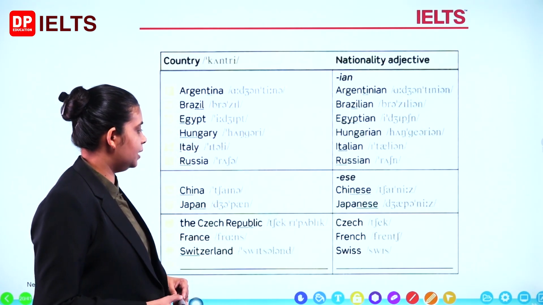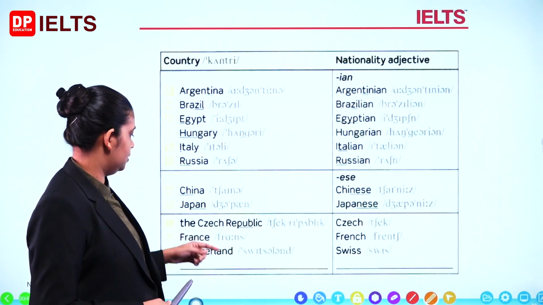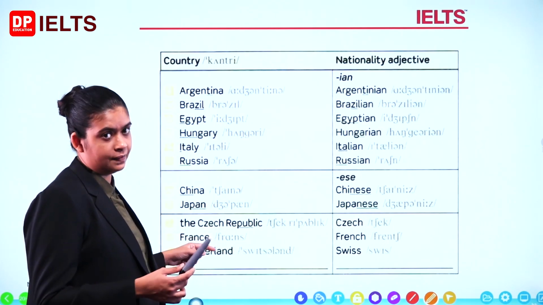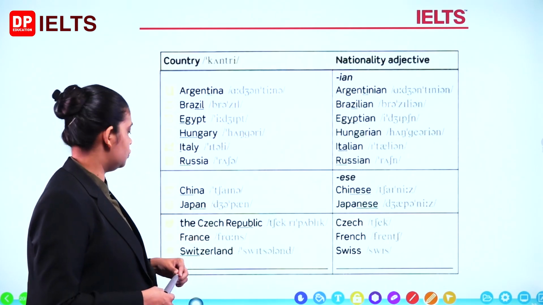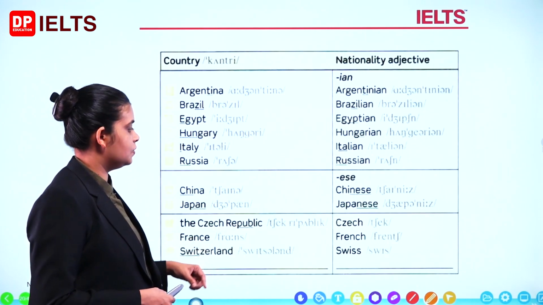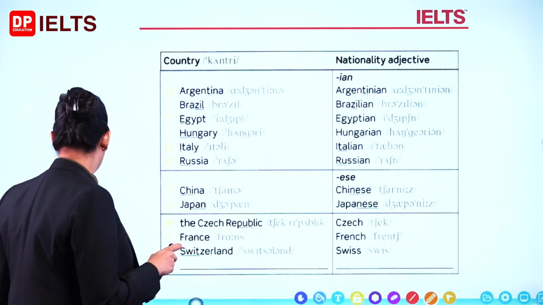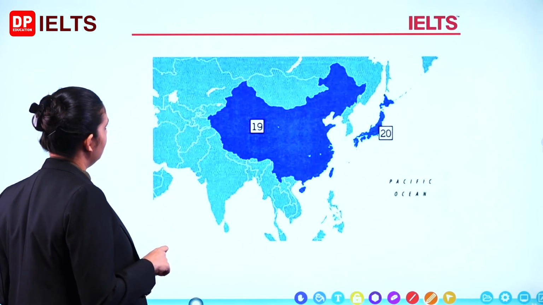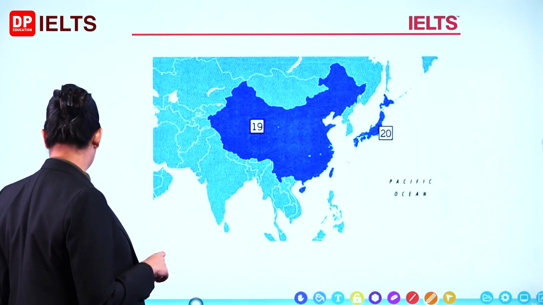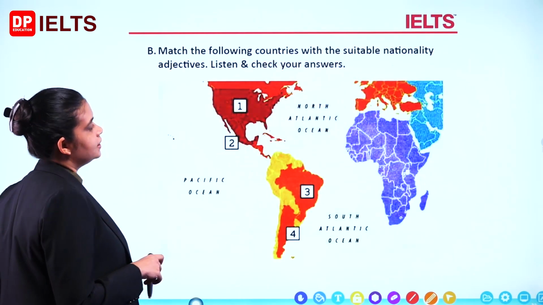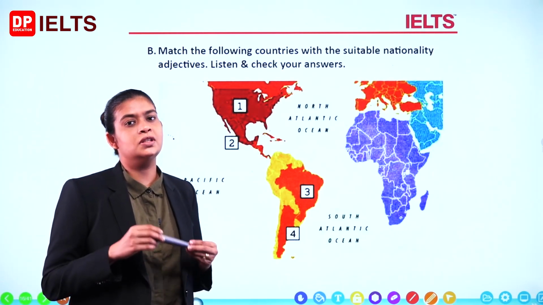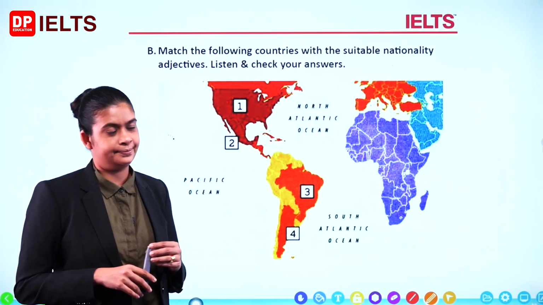The Czech Republic, Czech. France, that is S, France, French. Switzerland, Swiss. Right, so you have 20 countries, remember. You have to write the country and the nationality in terms of the adjective, okay? Right, so let's start listening and jot down the answers while listening.